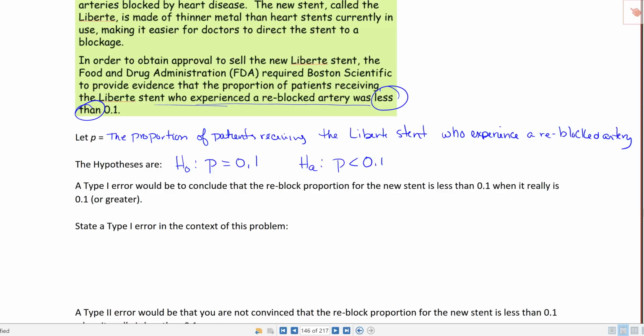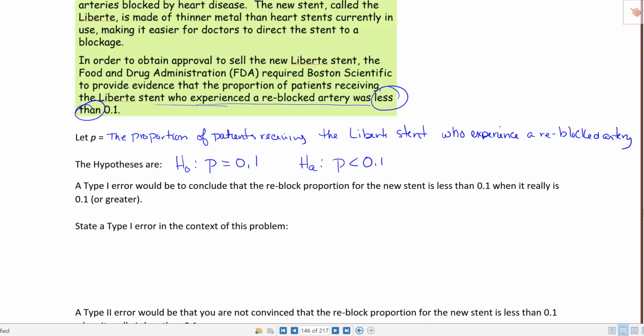So, a type 1 error would be to conclude that the reblock proportion for the new stent is less than 0.1 when it really is 0.1 or greater, right? So if that's a type 1, because remember, type 1 is that you reject the null hypothesis even though you shouldn't have.